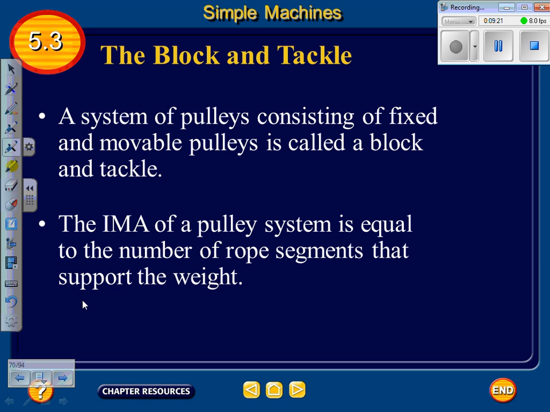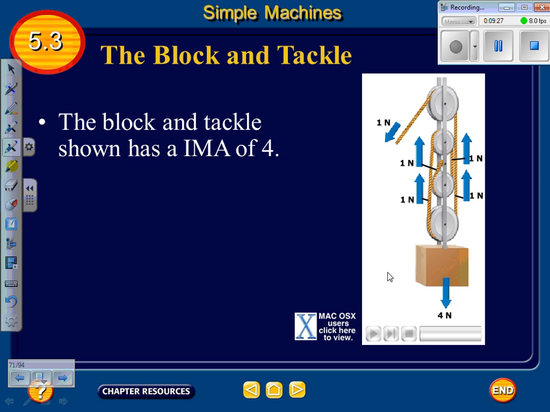The IMA of a pulley system is equal to the number of rope segments that support the weight. Here's an example, a picture of a block and tackle. This particular one has an ideal mechanical advantage of 4 because we have 4 segments.